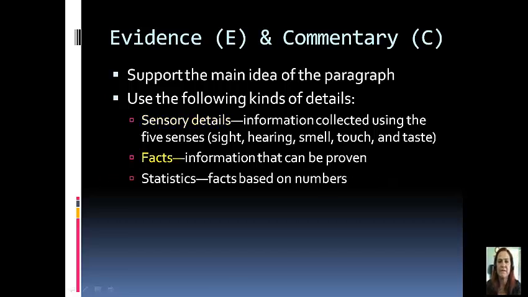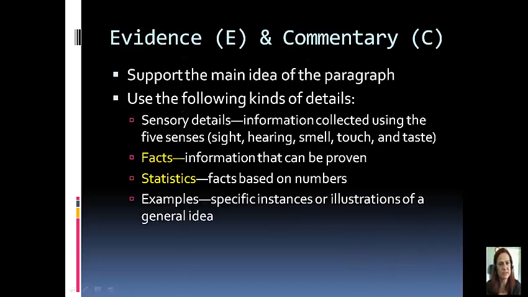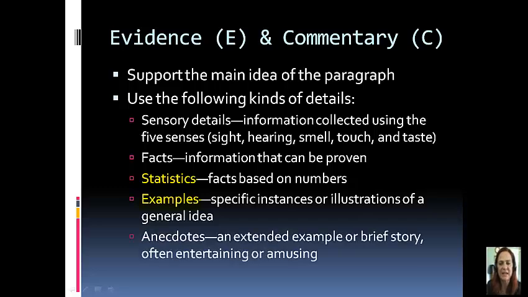It could be facts, facts that you can prove. It could be statistics, which is based on numbers. It could be examples, which are specific instances or illustrations of a general idea. Or it could be an anecdote, which is an expanded example or a little story. An anecdote is usually entertaining or amusing.